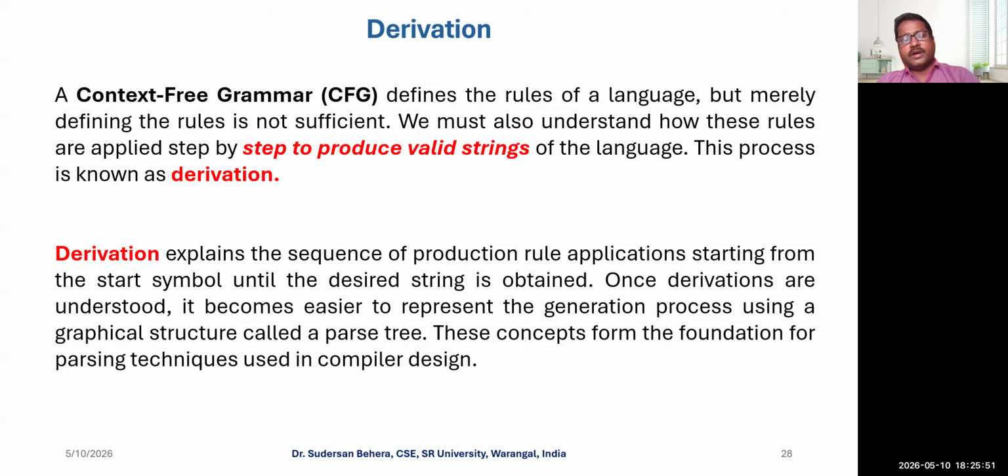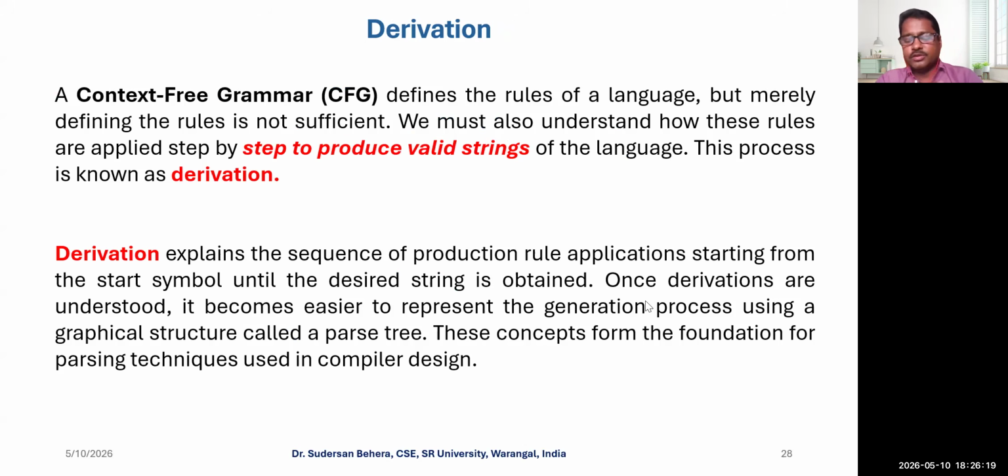A context-free grammar defines the rules of a language, but merely defining the rules is not sufficient. We must also understand how these rules are applied step by step in order to produce a valid string.